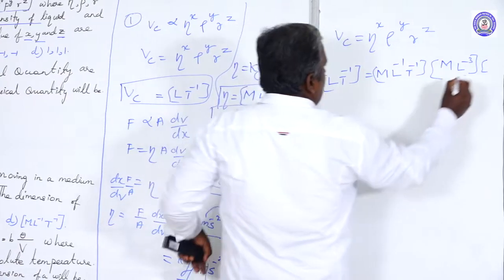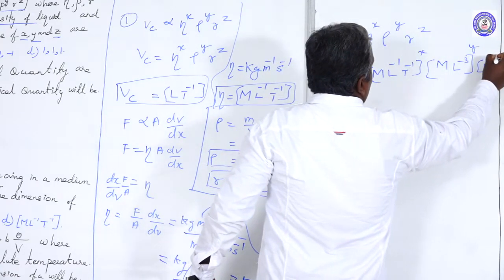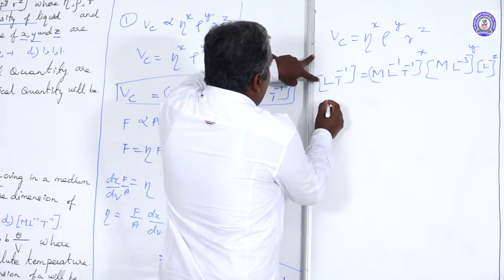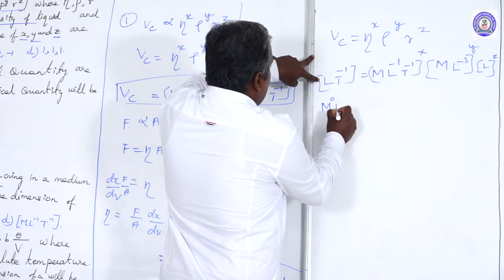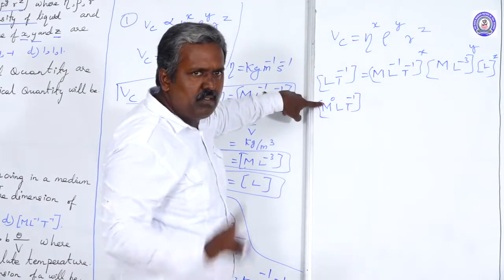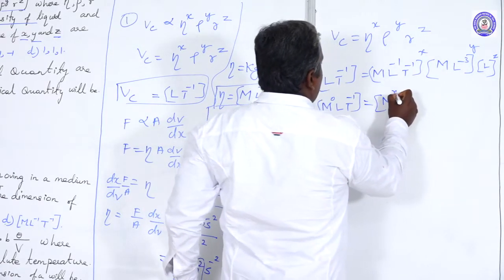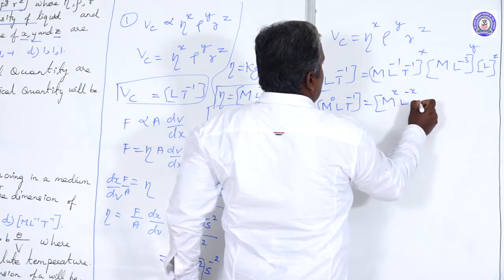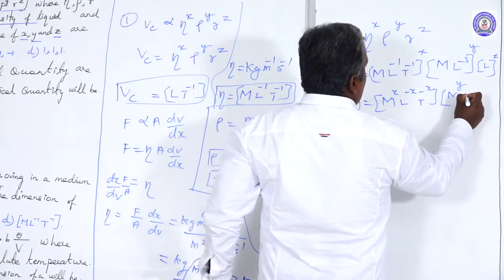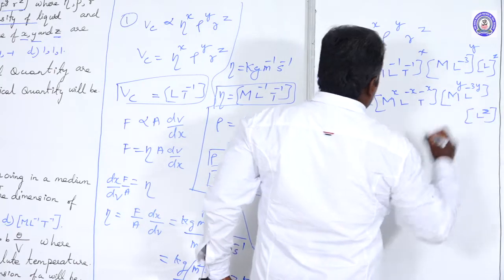For r, L. So L T power minus 1, M power 0 L T power minus 1, because anything power 0 is equal to 1. Now M power x L power minus x T power minus x, and M power y L power minus 3y and L power z.